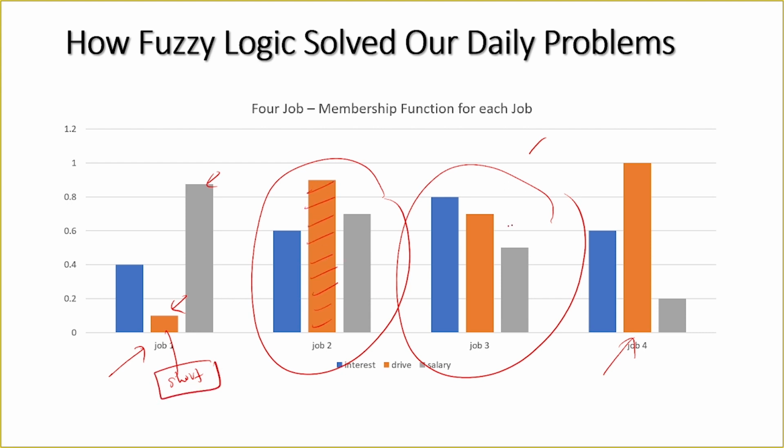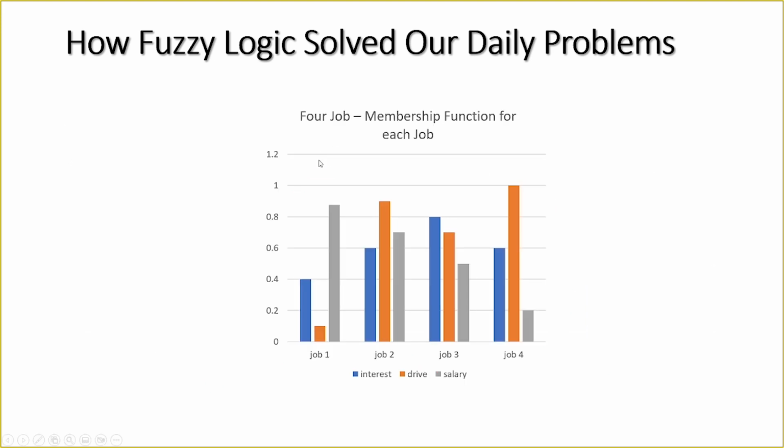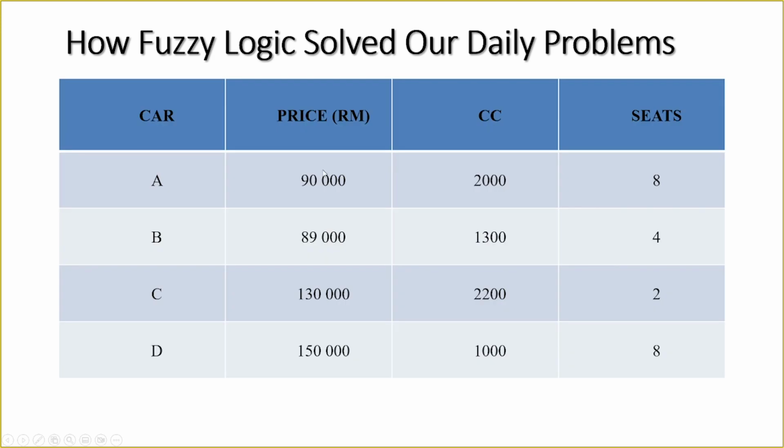For those people who are finding a short distance workplace, this is better. But the interest is not so strong for that particular job for that particular person, but the salary is high. So that would be the trade-off that we know from fuzzy things, right? Take a look at this one, how fuzzy logic solves our daily problem, guys.